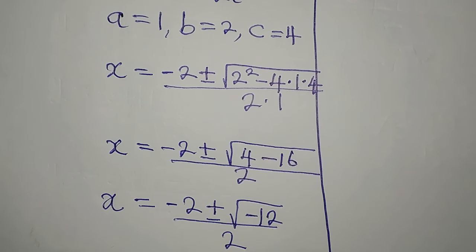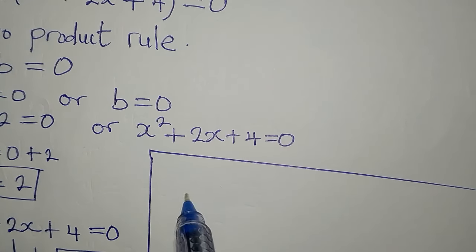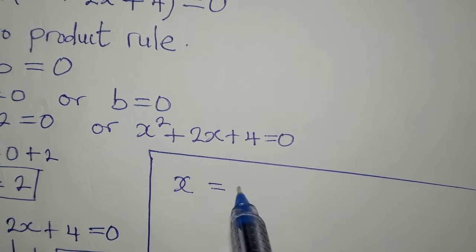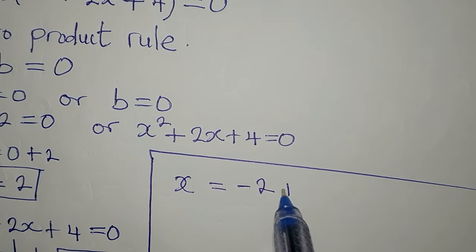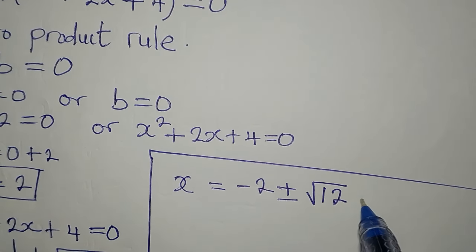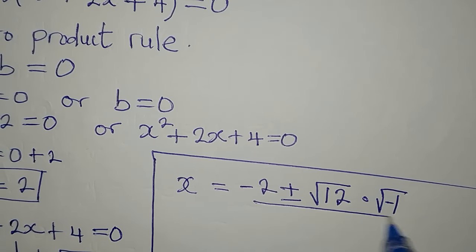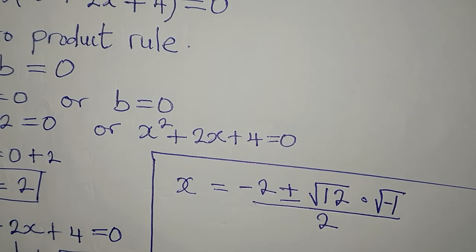Now let's proceed. Okay, so now we are going to have x equal to minus 2 plus or minus the square root of 12. I didn't write the negative, so we have negative 1 as well. Then divide it by 2.